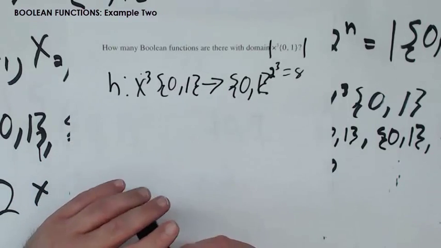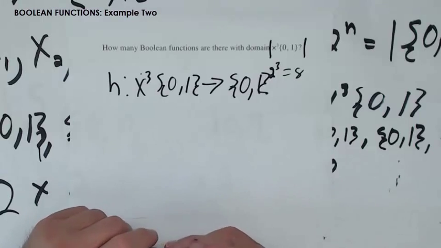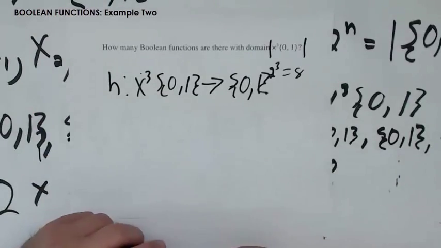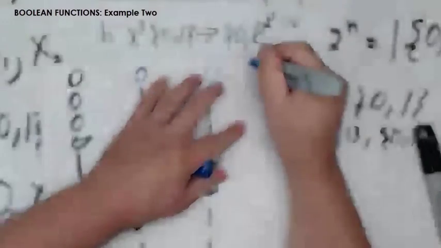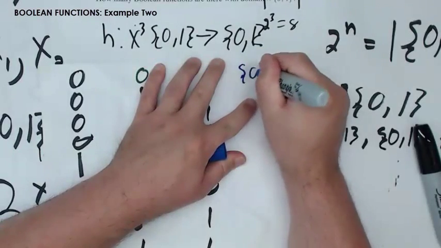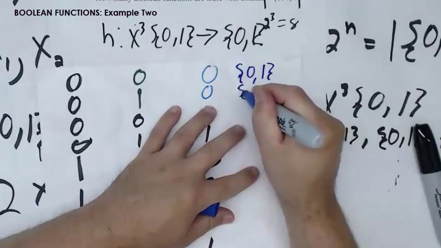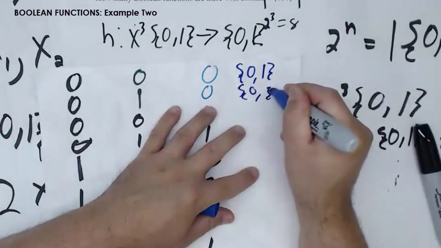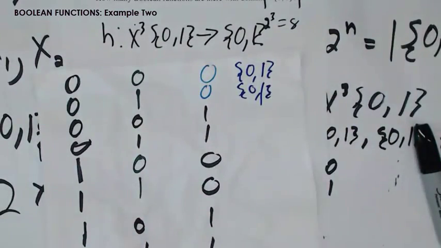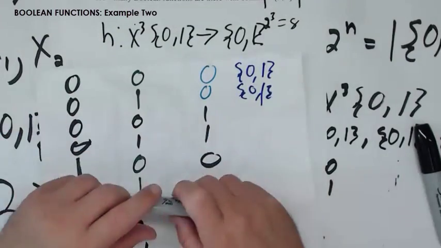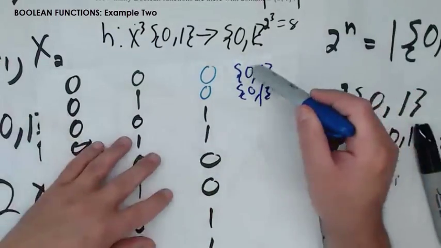But this is a little bit different than what we were talking about before. The intuitive answer to me is, oh, this is just multiplied by 2 again. For each of these possibilities, we can have 0 or 1 as the output. However, when we were exhausting all the possibilities before, once we had used it, it was used up.